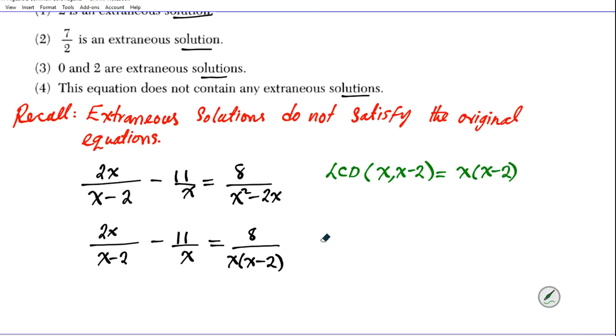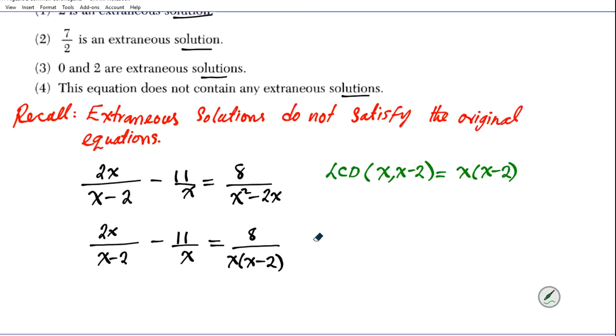Now, what does this help us accomplish? If we multiply both sides of this equation by the LCD, these denominators go into the LCD evenly. So that means that all the denominators will become 1. That's much easier than dealing with this situation here, because it will no longer be a rational equation.